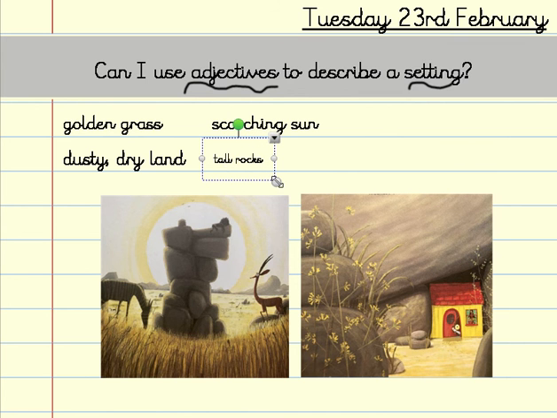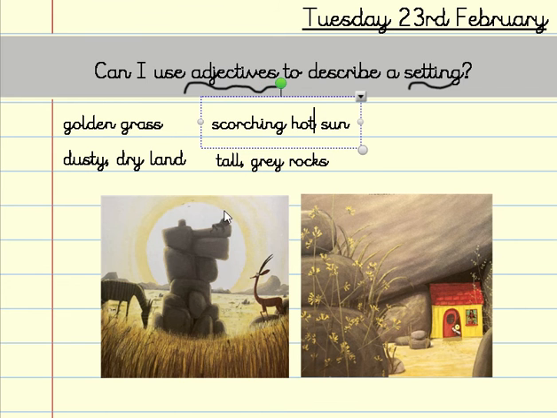Here, look, the tall, could I even add another adjective in there? Tall, grey rocks. Okay, I think that's some lovely adjectives. So we've got golden to describe the grass, the dusty, dry land, the scorching, we could say even the scorching hot sun, couldn't we? Scorching hot sun, and the tall grey rocks.